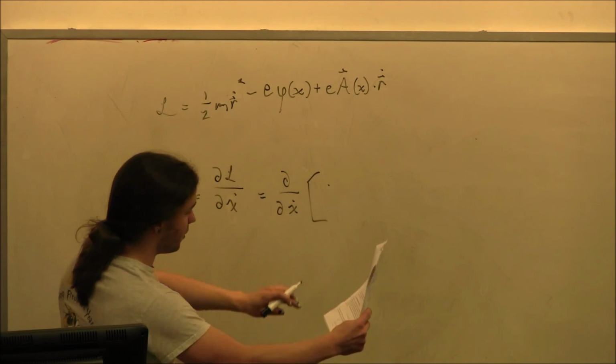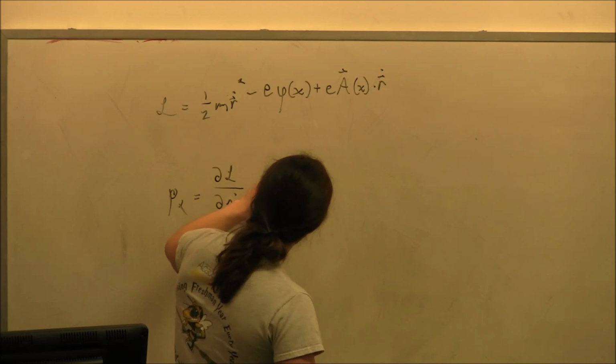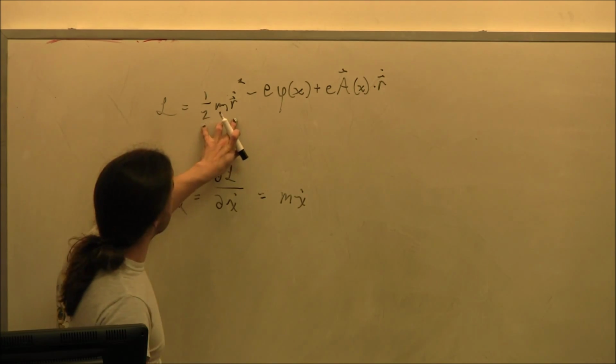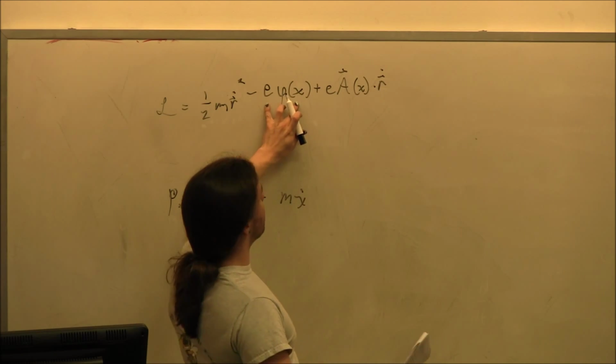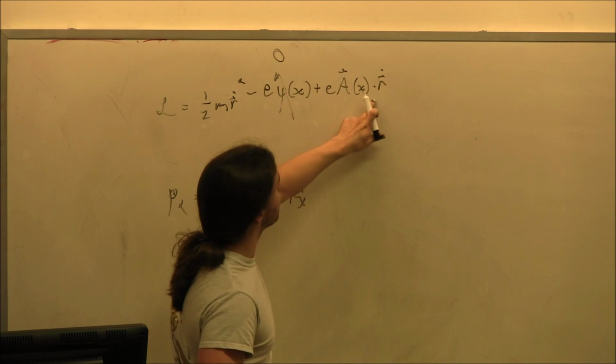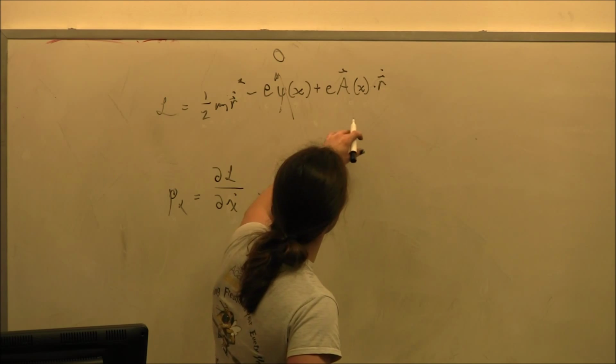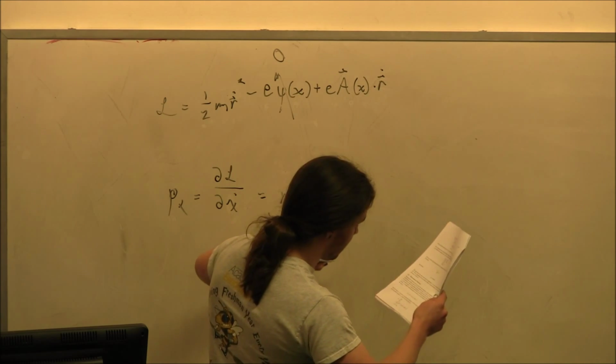You put that in here, and you end up getting m x dot, because you get the x dot from this one. This term is not explicitly dependent on the velocities, so it dies. Then you have this term, which is dependent on the velocities, but only the x component comes out of it, because this is a scalar product between some vectors.